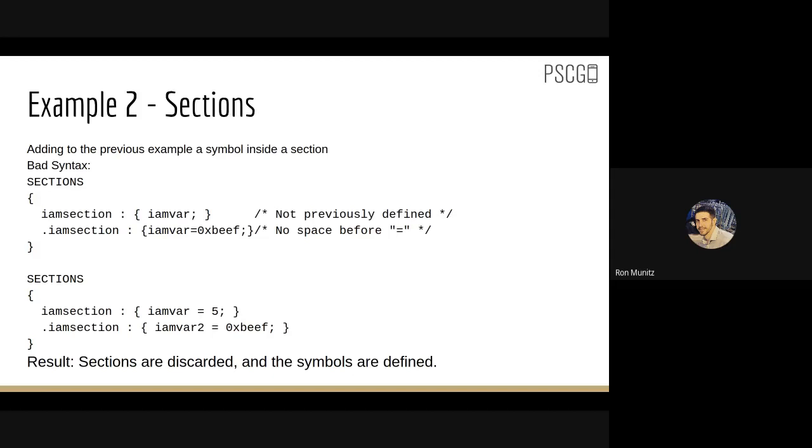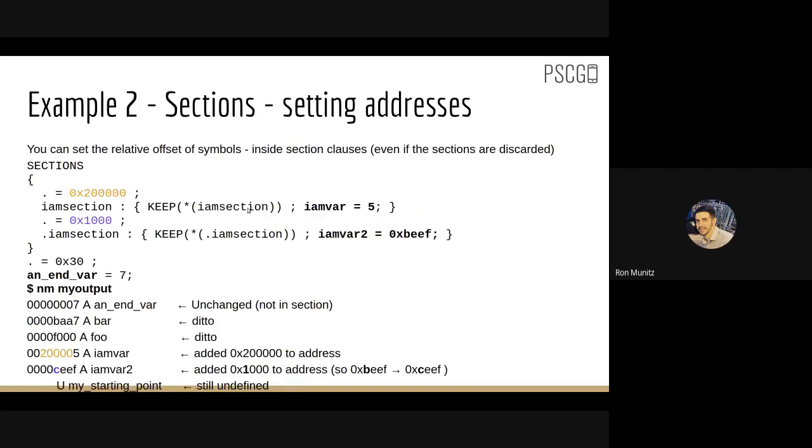Okay, and I can go ahead and inside the sections specify a symbol or like an address. I can also go ahead and say, hey, this section will start at 0x200000, or this section will start, dot is the current address, at 0x1000.